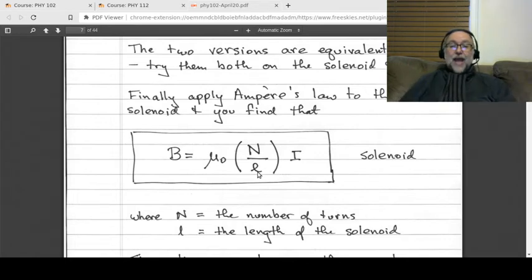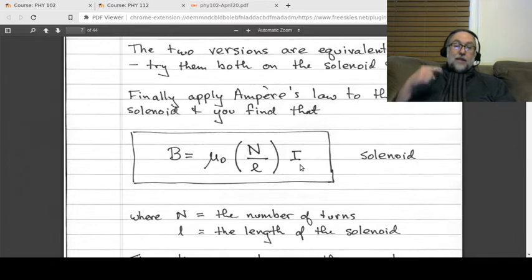So N over L is kind of like the density of the windings. If you have more windings over a shorter length, then you have a higher density. So this is the density of the windings per unit length, and then of course multiplied by the current.